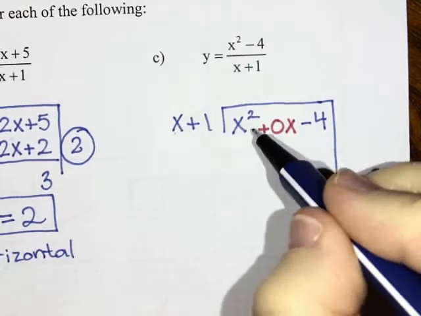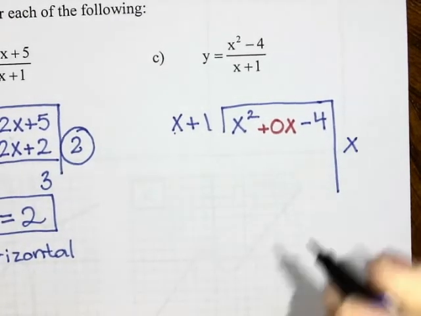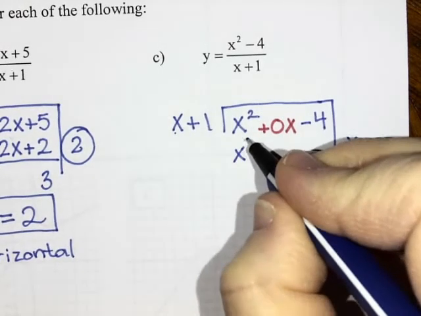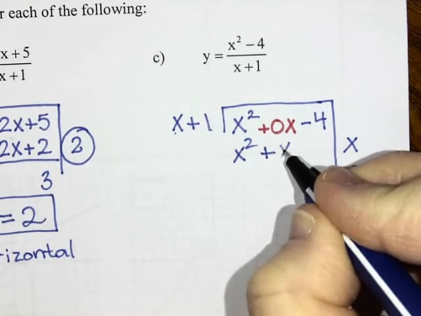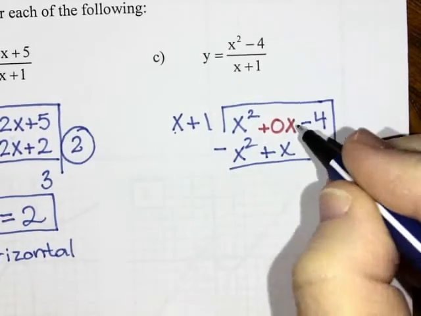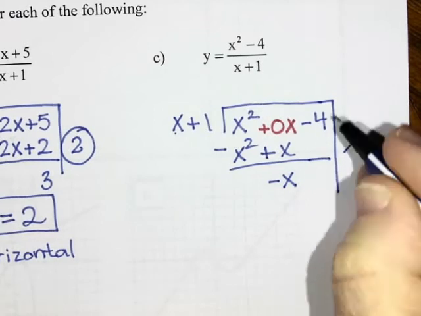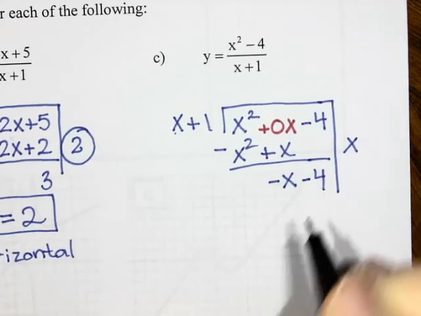So how do I turn an x into an x squared? I multiply by x. So I'm going to get x squared and then plus x. And then we subtract. X squared take away x squared is 0. 0 take away x is negative x. And then negative 4 take away nothing. It's just negative 4.